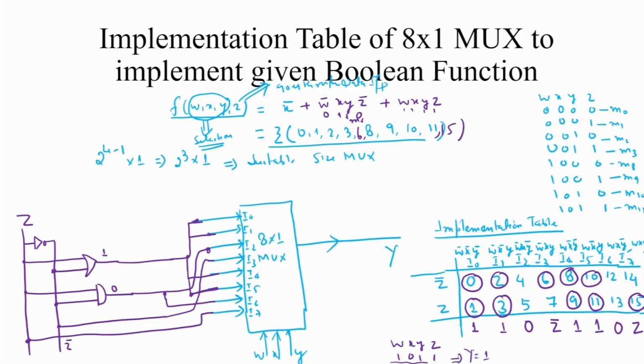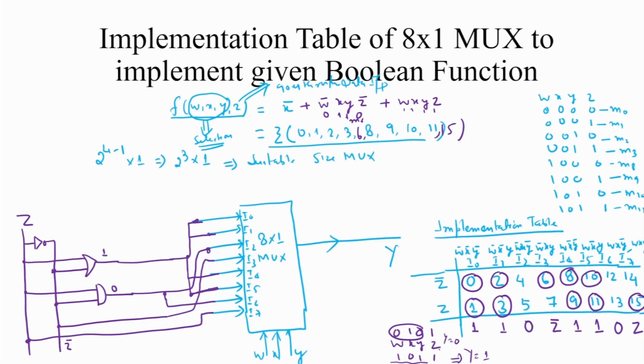What happens when we take a minterm which is not present here, like 5, that is 0 1 0 1? This is I2, and I2 is connected to 0, this means the value of y is equal to 0.